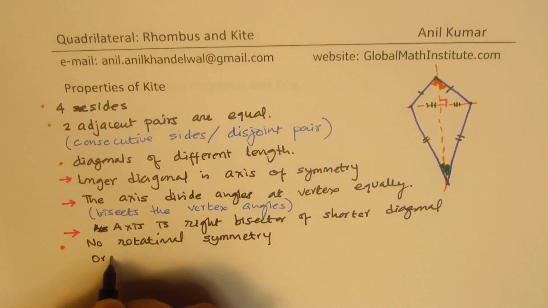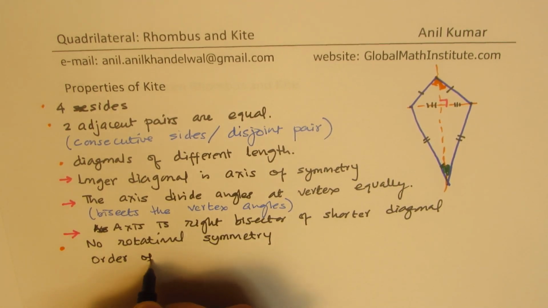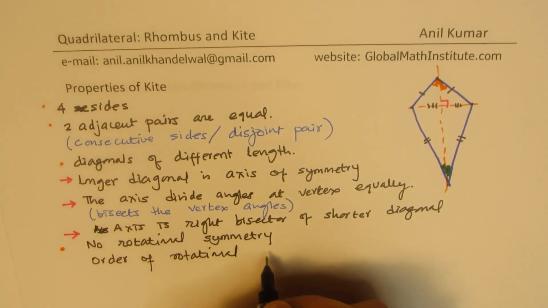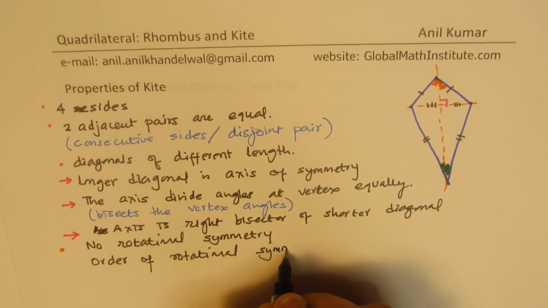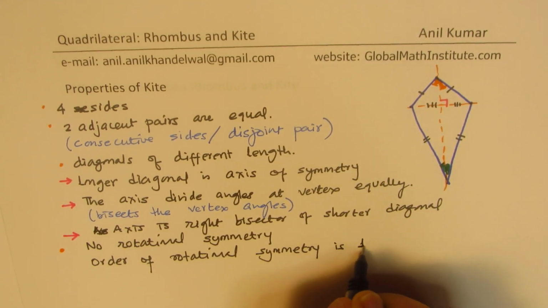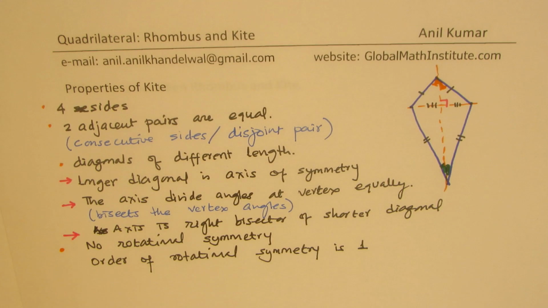The order of symmetry is 1, because after rotating a full round of 360, it matches, which every figure will do. So these are your major characteristics for a kite.